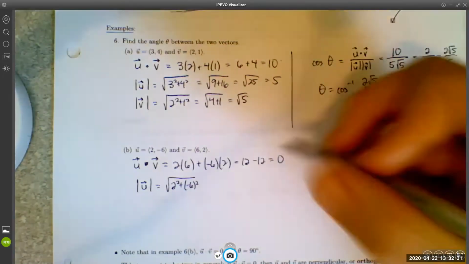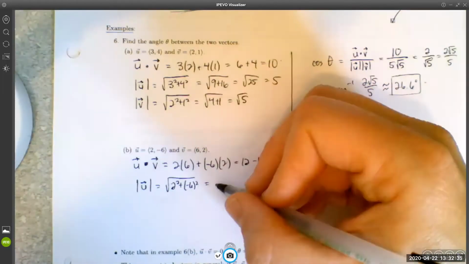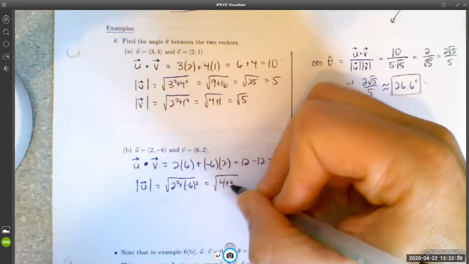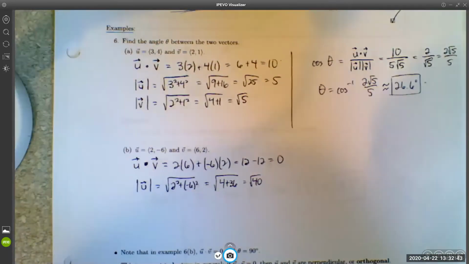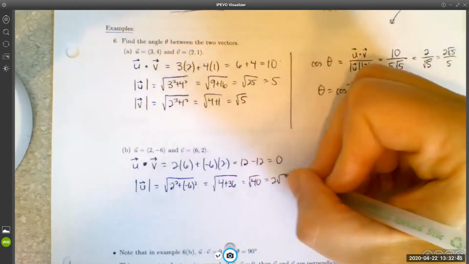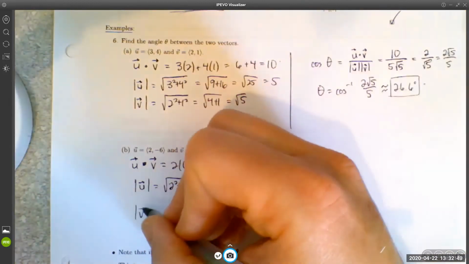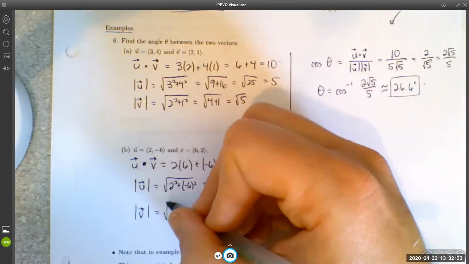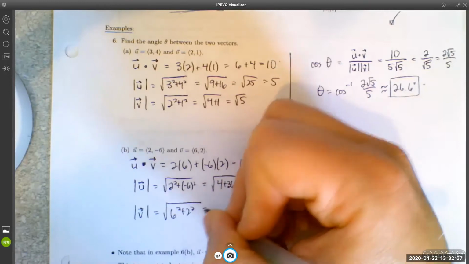We don't really even have to do the rest of this because we know that we're going to get cosine theta equals 0. But just for the sake of argument, this would be square root 40, which is 2 root 10, if you simplify. Magnitude v is going to be exactly the same, I think, right? It's going to be the square root of 6 squared plus 2 squared.